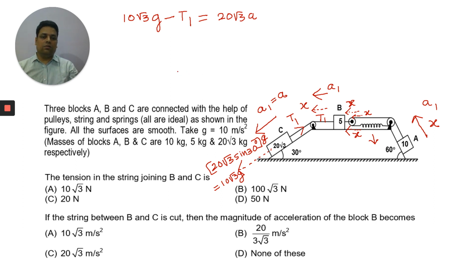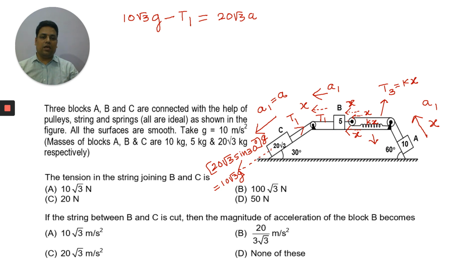And in the spring, due to elongation, if the force is kx, here in this string, as it is connected to that spring, the tension, let me say T3, is also kx.